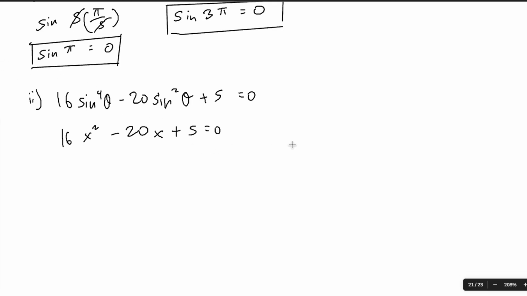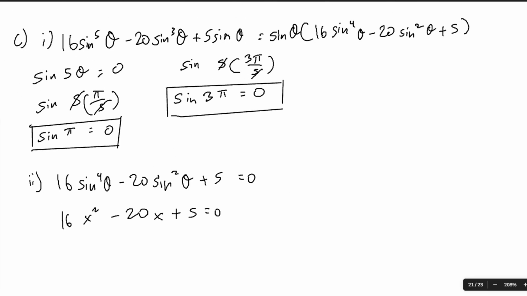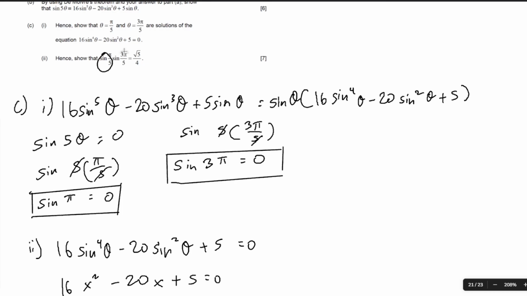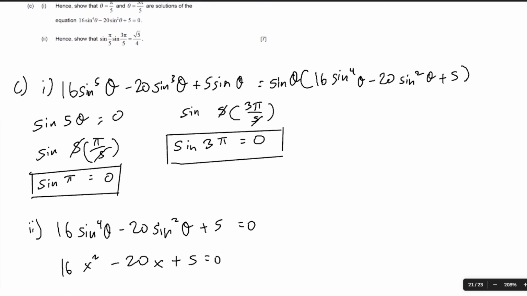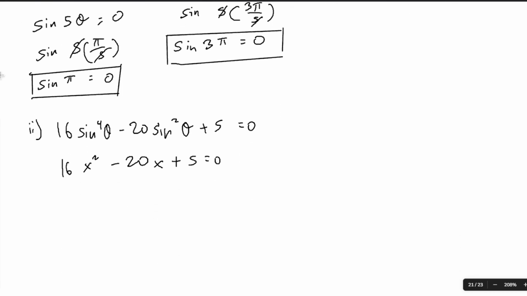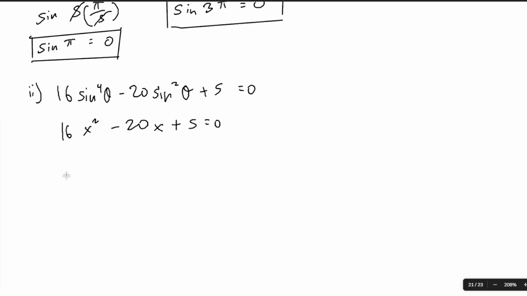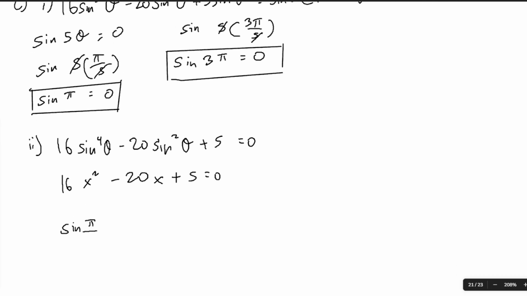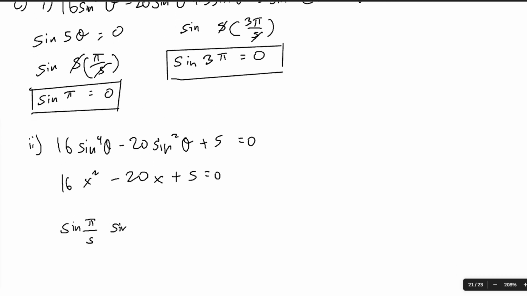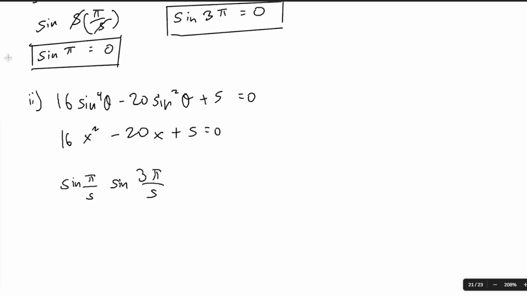Now this looks like a quadratic equation, but what we're trying to see here is that sine pi over 5 and sine 3 pi over 5 are the two roots. This one would be alpha, this one would be beta. Alpha times beta is equal to c over a.